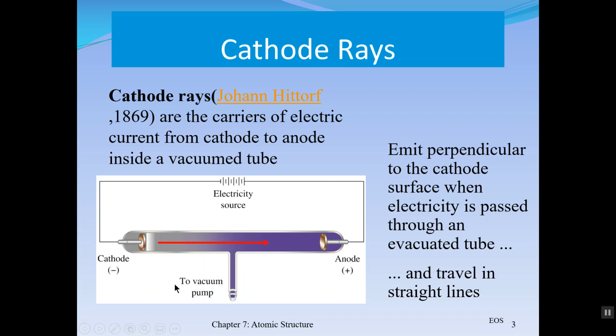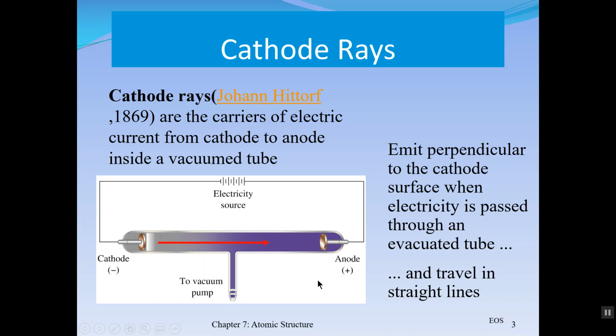Now you'll notice that the cathode is negatively charged and the anode is positively charged, and that's because they're connected to the positive part of the cell collection right here. That's the anode, and the cathode is connected to the negative end, right? So that's why we know what the charges are for the different electrodes.